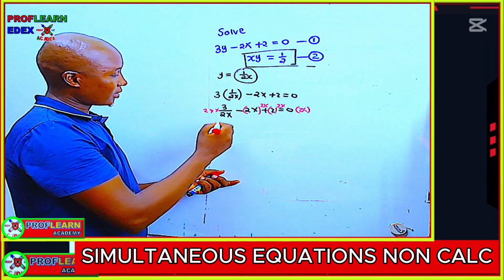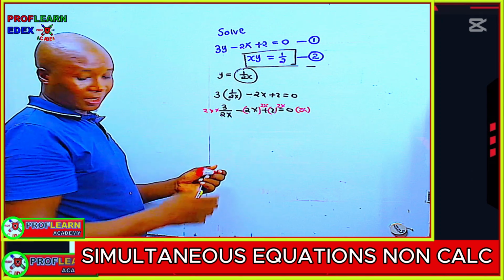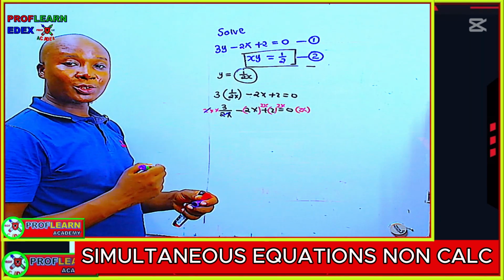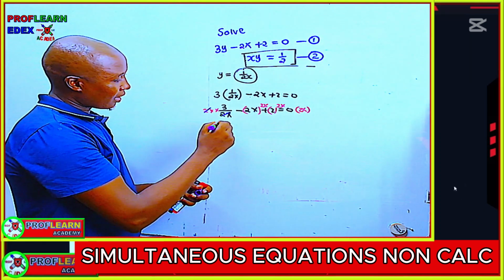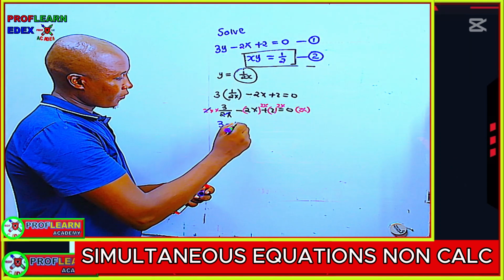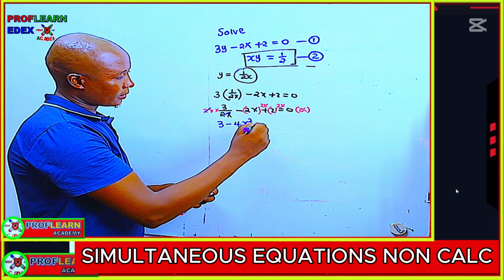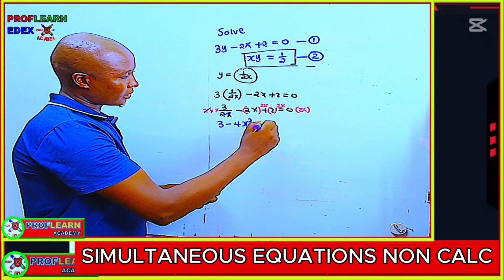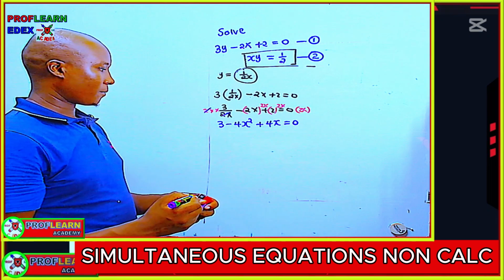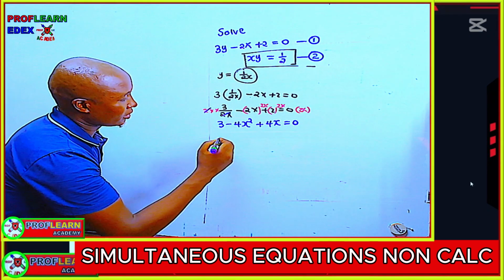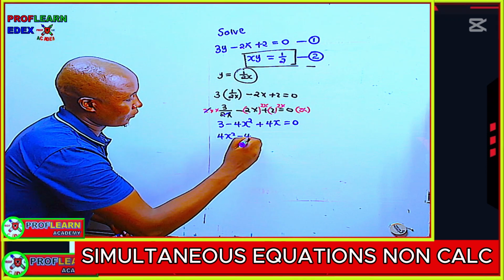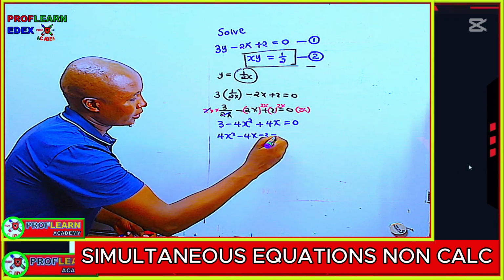So this one and this one cancel out, and our equation reduces to 3 minus 4x squared plus 4x is equal to 0. If I rearrange this equation, I'll have 4x squared minus 4x minus 3 is equal to 0.